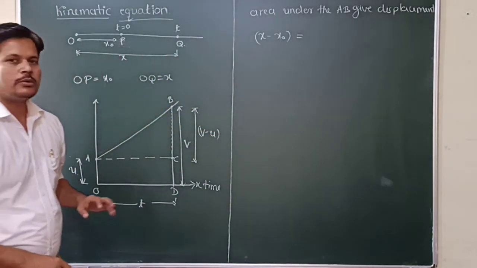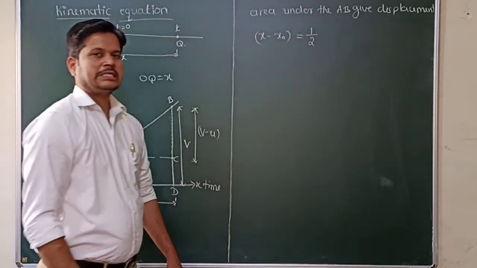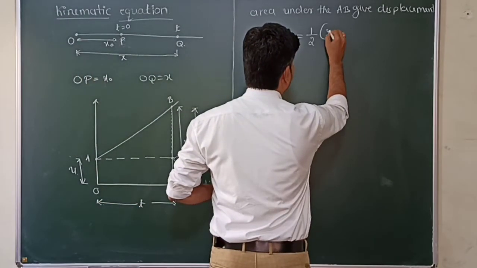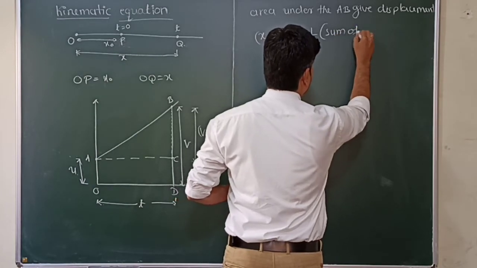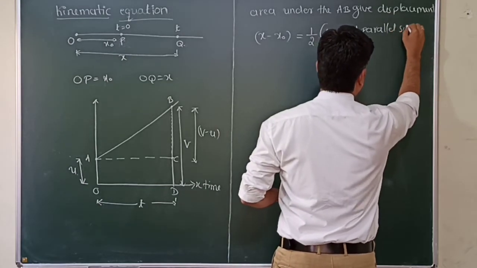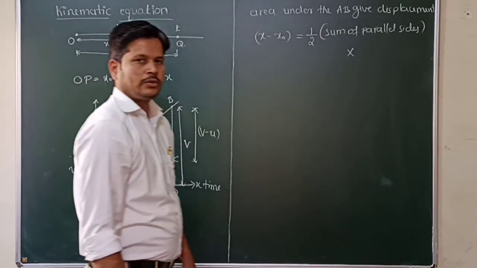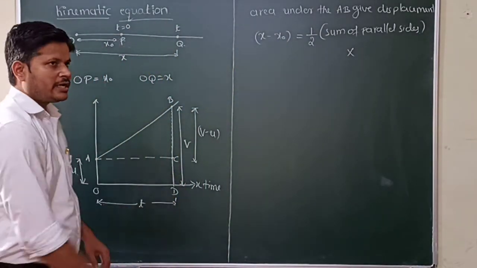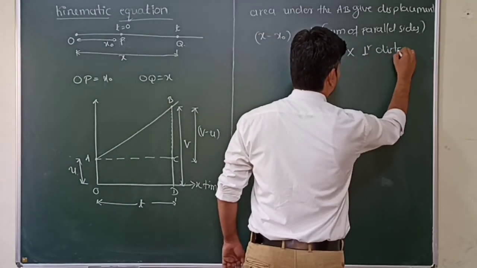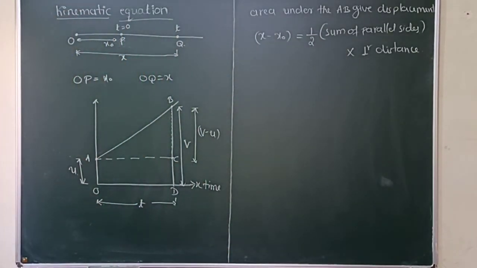This is equal to half of the sum of the parallel sides into the perpendicular distance. Note down this first.